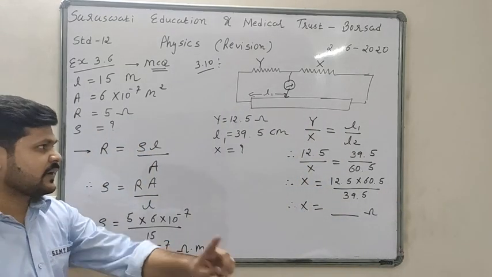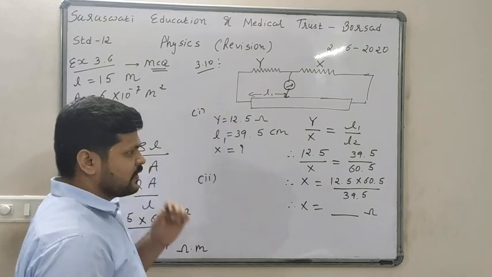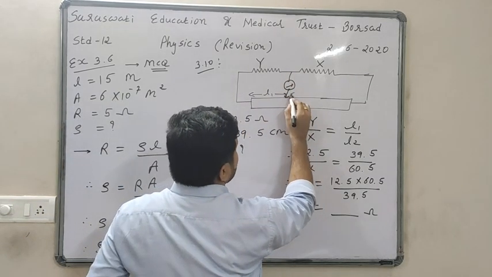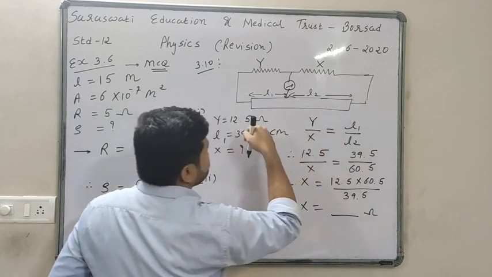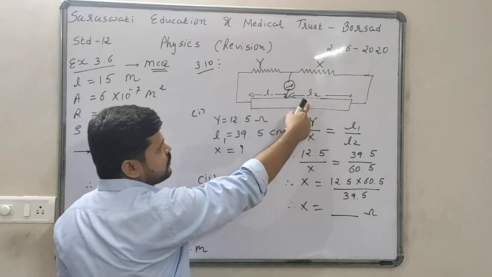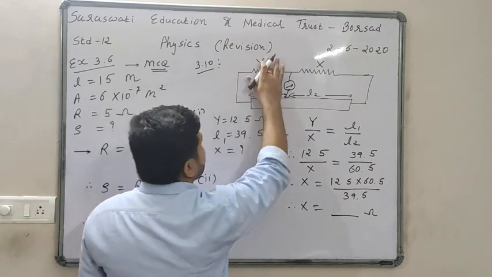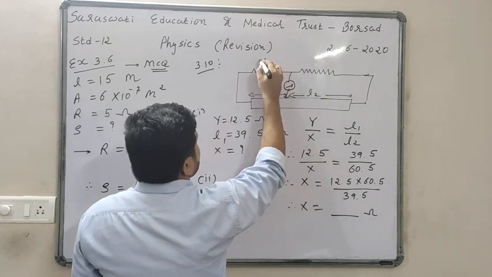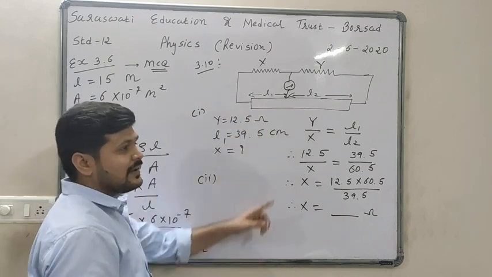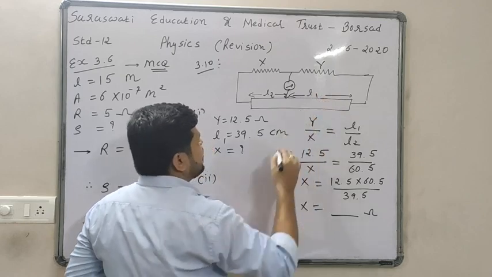Now, that was the first question. In the second question, we are asked what happens if the places of X and Y are changed. When Y and X are placed like this, L1 is 39.5 and L2 is 60.5. But when the places of X and Y are changed, L1 and L2 will also change. So here there will be L2 and here there will be L1.